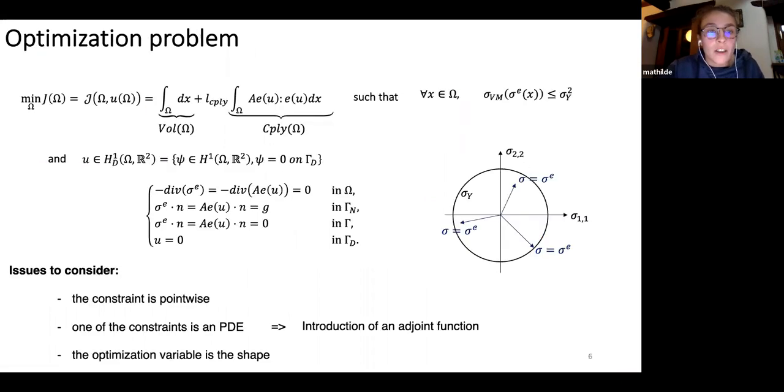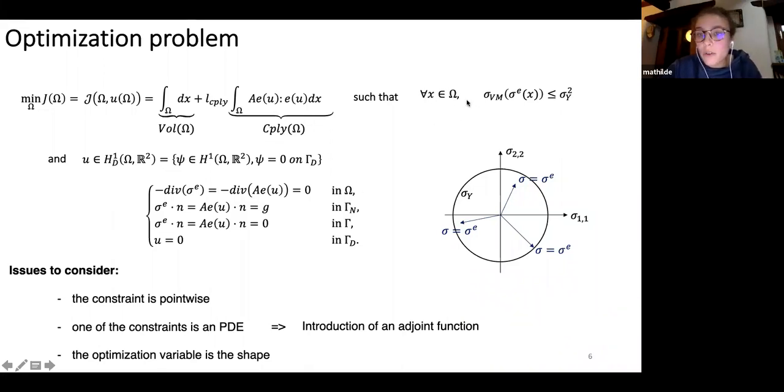And then with this formulation, we get an optimization problem. In this work, what we want to optimize is the weight. We want to not use much material and to get something as light as possible. The compliance is only here for a stability reason, so I will not talk much about it here.